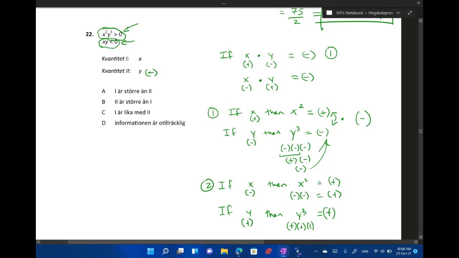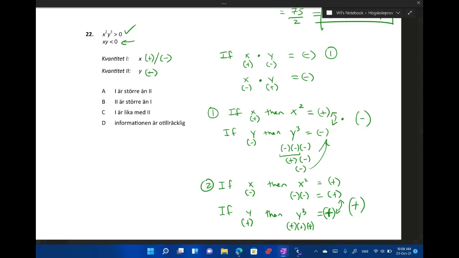That's always going to be a positive number. So when you multiply a positive times a positive, you always get a positive, which is true for this statement, because it says it has to be greater than 0. So that means x can be positive or negative, right? But y has to be positive.